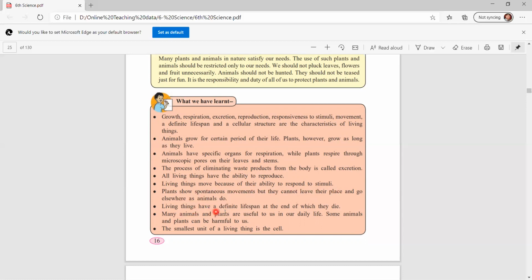Living things have a definite lifespan at the end of which they die. Many animals and plants are useful to us in our daily life. Some animals and plants can be harmful to us. The smallest unit of a living thing is the cell.